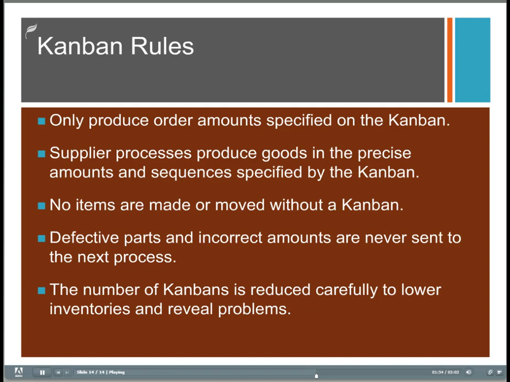Well, let's add another comment or two to this and talk about the bigger picture. What we're really talking about here is trying to have the absolute minimum number of parts in our system that we possibly can. The implication there is that the ideal system would be one-piece flow.